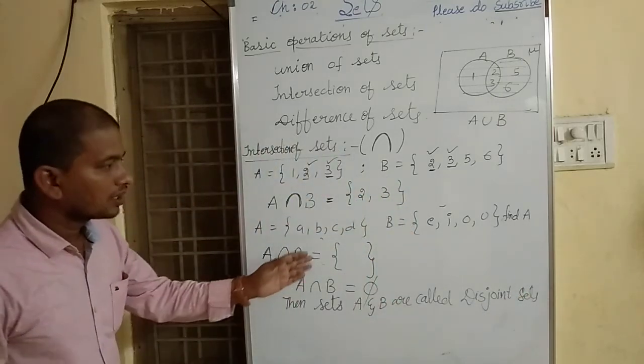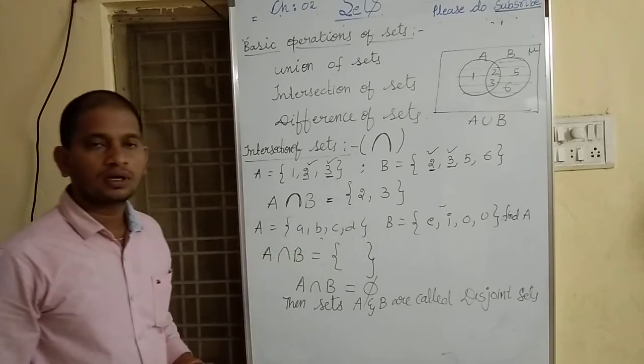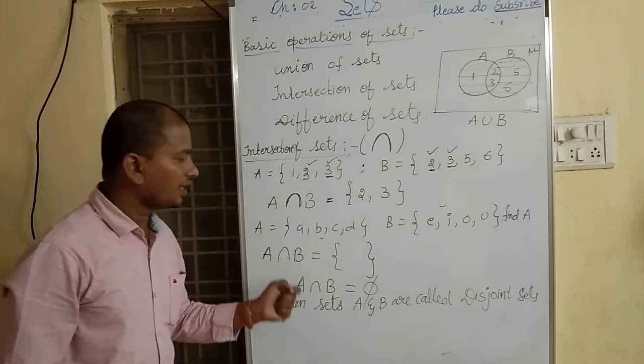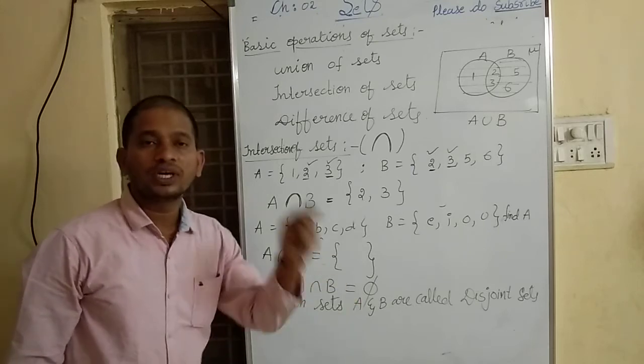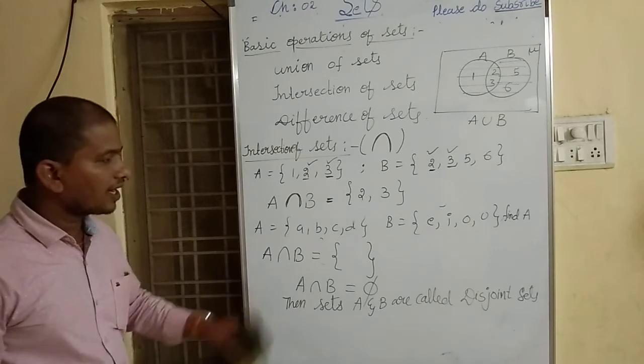Because there is no common element in set A and set B, we can say that set A and set B are called disjoint sets. Let me represent this using a Venn diagram.